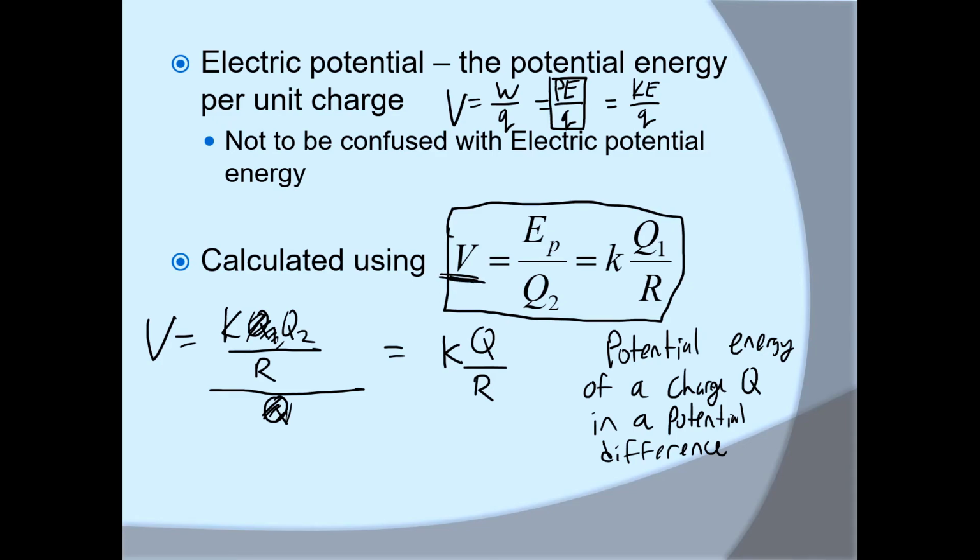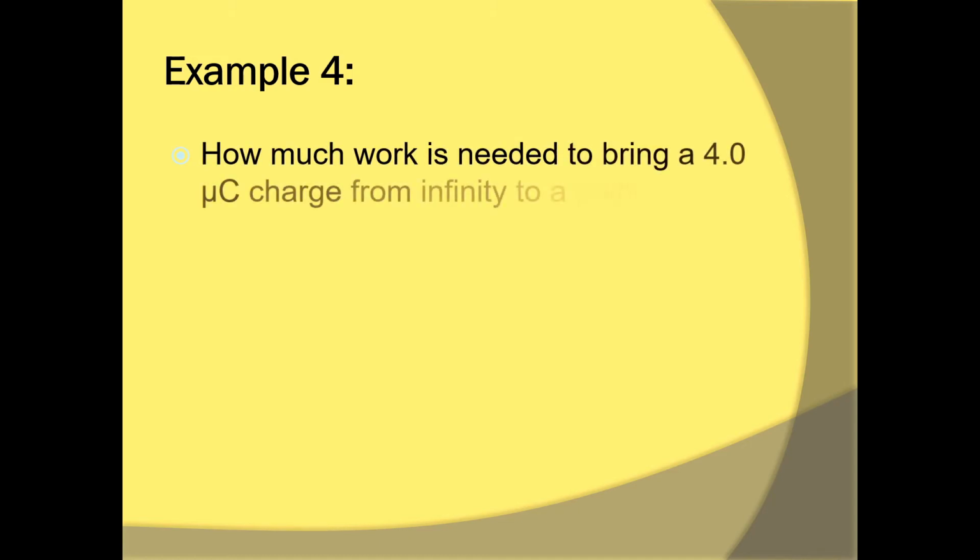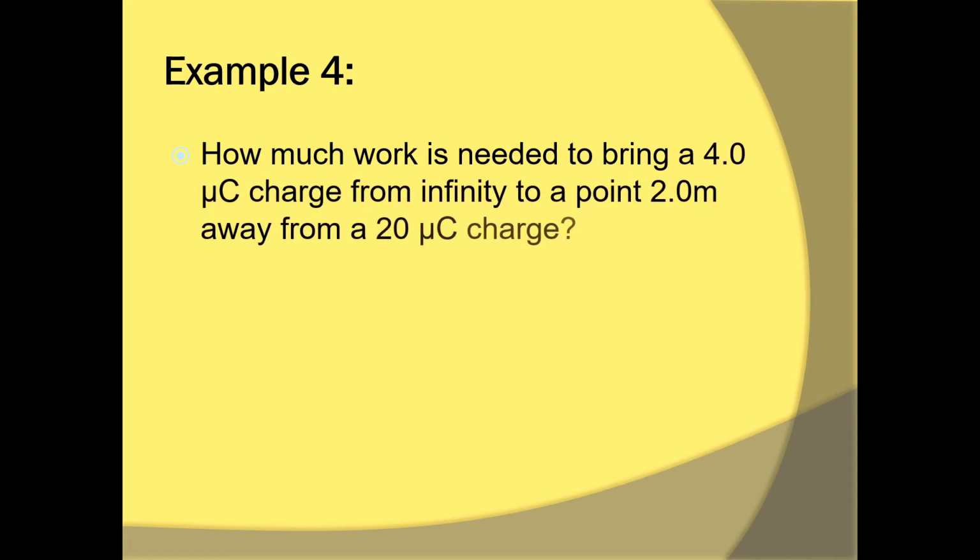Okay. For example 4, how much work is needed to bring a 4 microcoulomb charge from infinity to a point 2 meters away from a 20 microcoulomb charge? We have a 20 microcoulomb charge, and we are bringing towards it a 4 microcoulomb charge, and we're going to set them 2 meters apart.